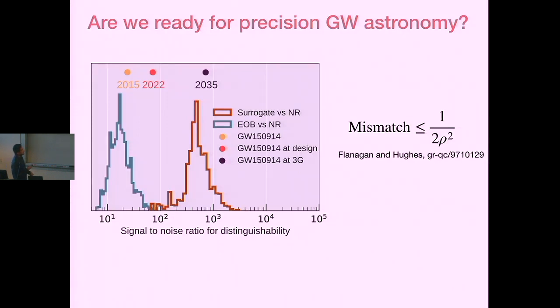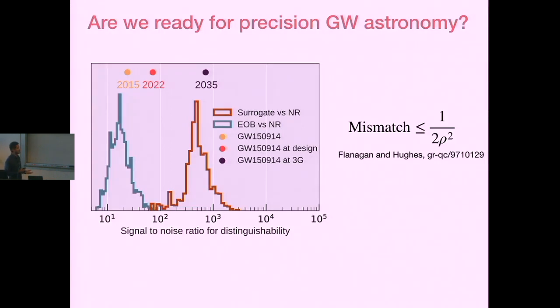You can look at GW150914 when it was detected, and this is the SNR about 24. And you can see what happens to that SNR with increased sensitivity. At design sensitivity, it will be about 3 times as sensitive, which will be roughly 2022. And even by that time, this current EOB model, for anywhere in the parameter space, its errors will be much higher than the statistical errors.